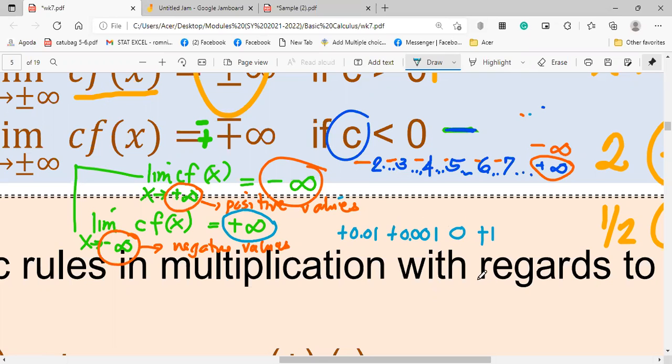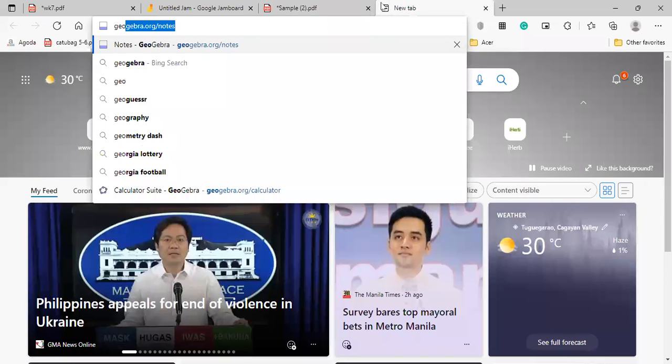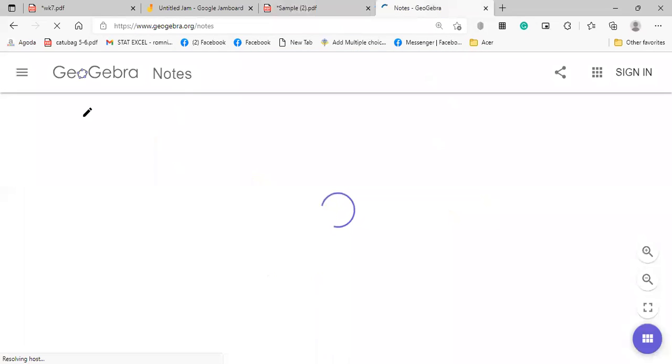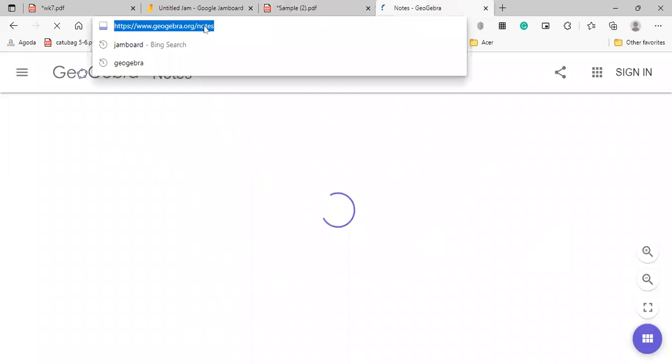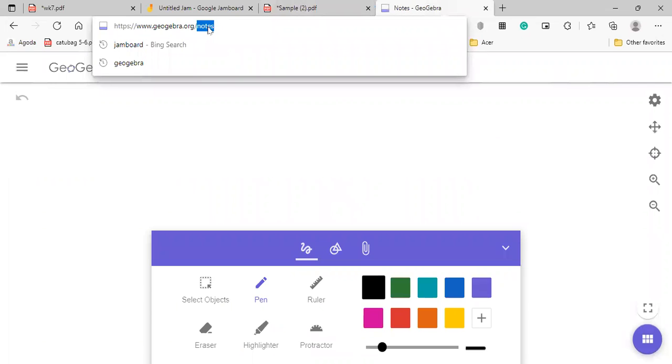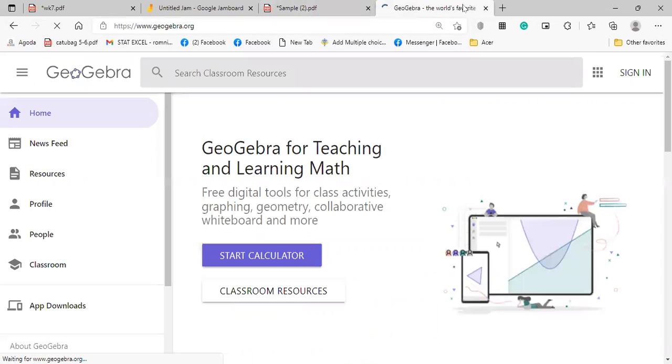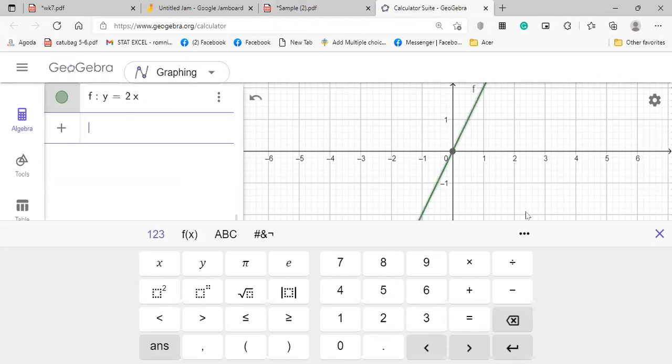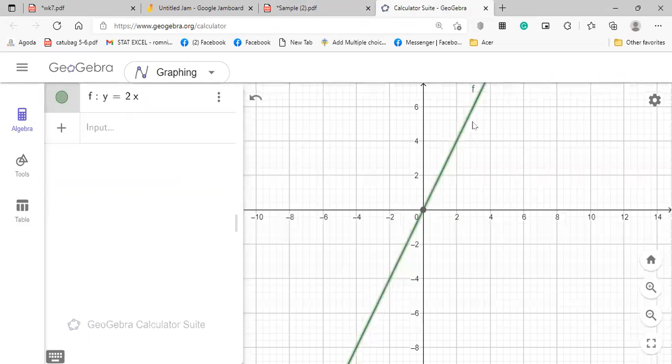Kapag mag-graph tayo, ipakita natin yung graph, class. Ito, pinakita ko na ito sa iba. Halimbawa, y is equal to 2x. Yan ang graph ng linear function, y is equal to 2x. Positive.